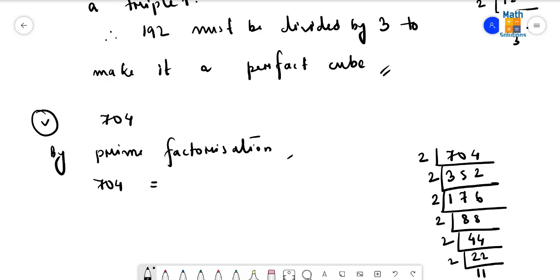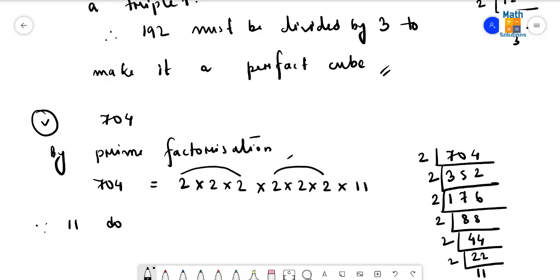So very clearly 11 is ungrouped here. So 2 into 2, then 2 into 2 into 2 into 11. So this is grouped, 11 is ungrouped.